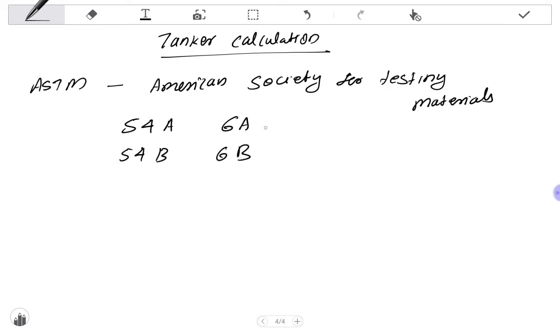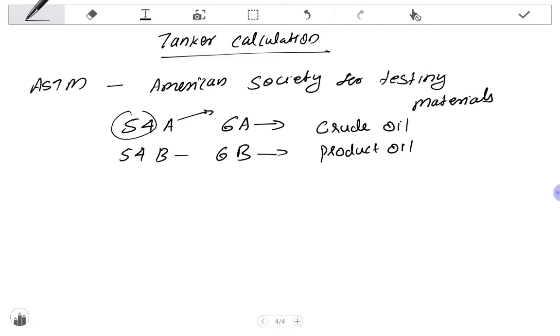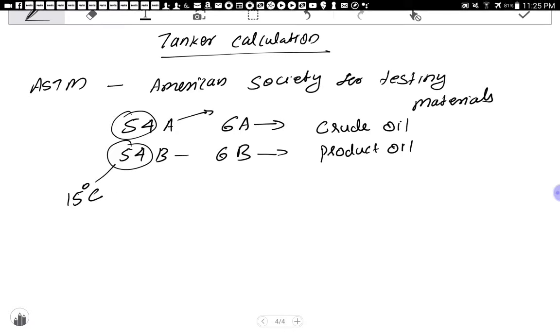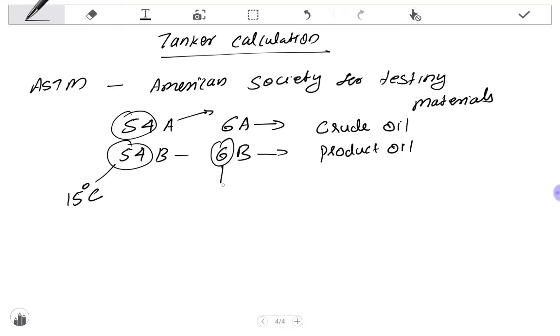The tables with A are for crude oil, and B is for product. Table 54 is used for the 15 degree standard temperature, 15 degrees Celsius. Table 6 is normally used for 60 degrees Fahrenheit.